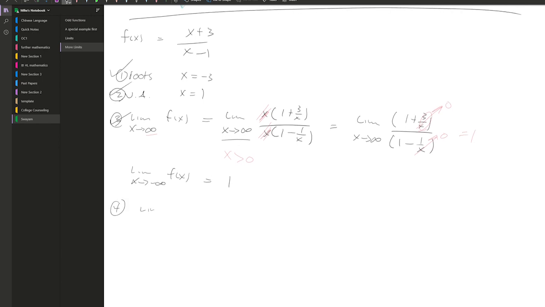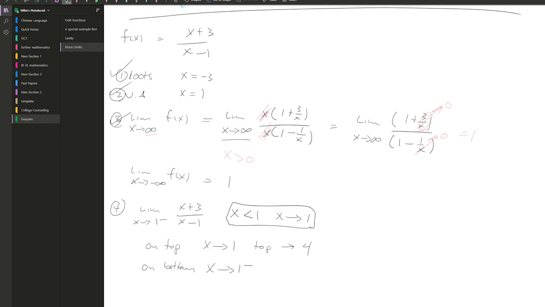So I'm going to do the limit as x approaches 1 from below of x plus 3 over x minus 1. And so this is x is less than 1. X gets closer to 1. That's the thing that I'm looking at right here. So on top, when x approaches 1, the top approaches 4. On bottom, when x approaches 1 from below, the bottom goes to negative 0.